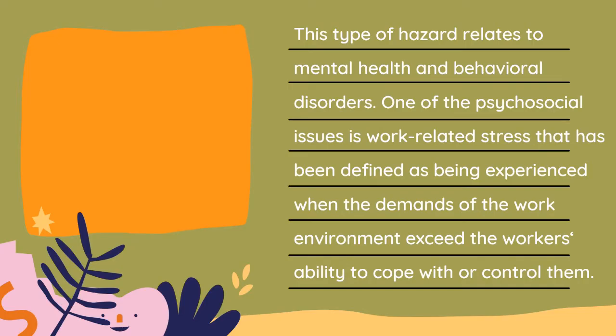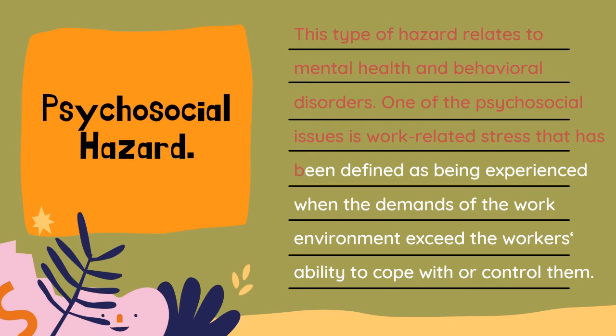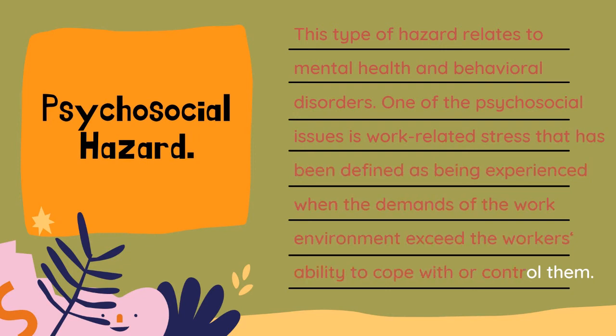The next, we have the psychosocial hazard. This type of hazard relates to mental health and behavioral disorders. One of the psychosocial issues is work-related stress, which has been defined as the experience when the demands of the work environment exceed the worker's ability to cope with or control them.